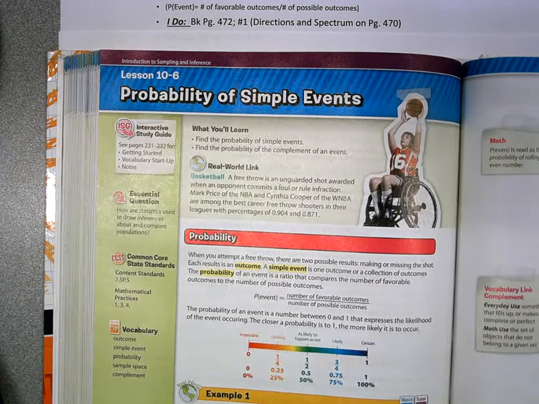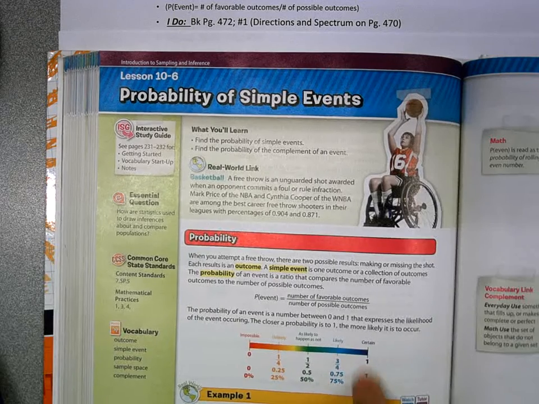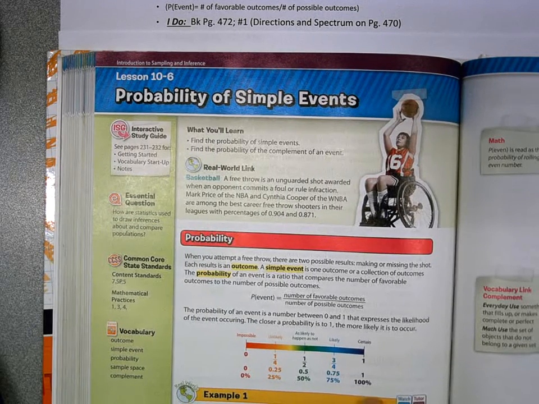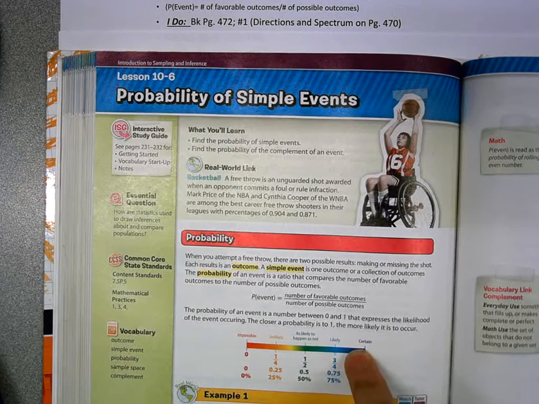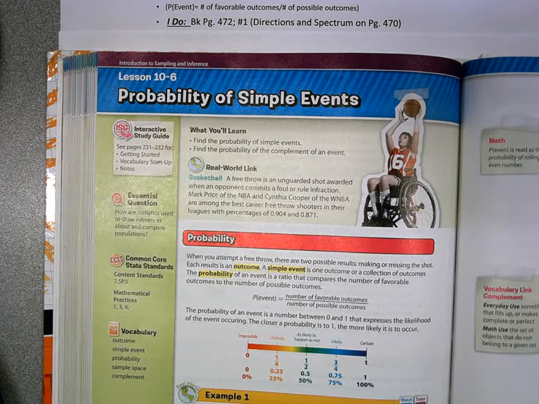It can't be like a 1 in a million chance, because that's not impossible. I guess it's probably not going to happen, but it's not impossible. The same thing is true way over on the other end of the spectrum. If it has a 100% chance of happening, it's certainly going to happen. 99.9%, oh, it's looking good, but there's that little tiny bit of chance that it's not certain.